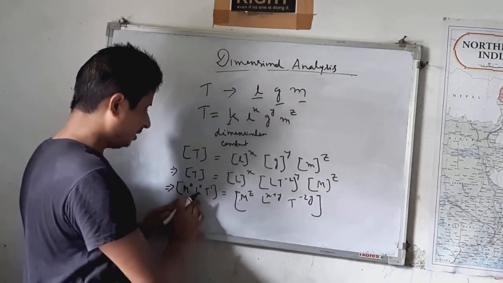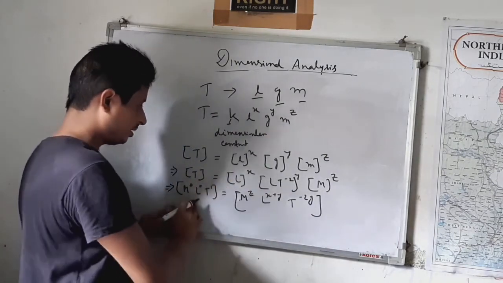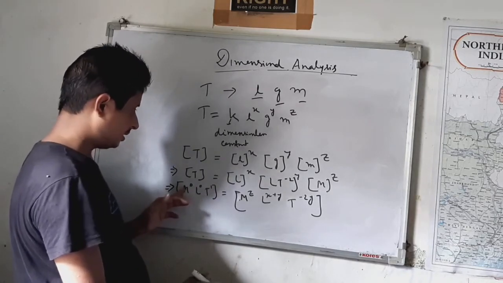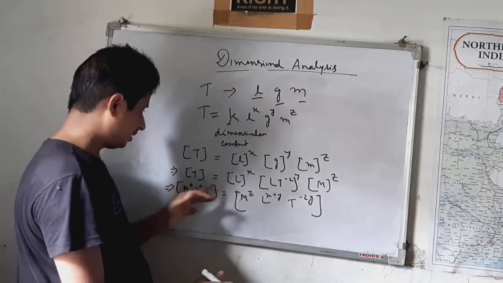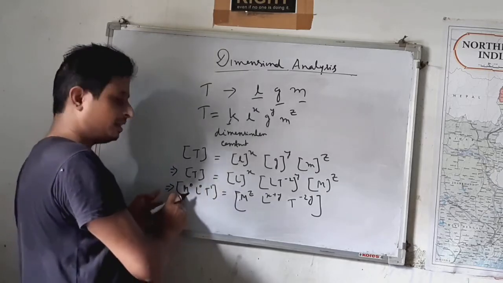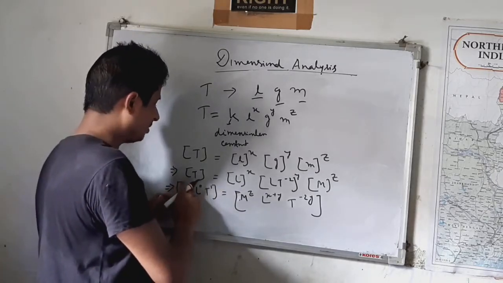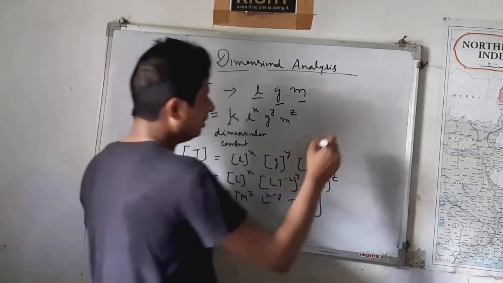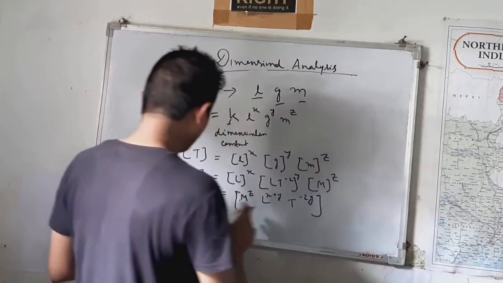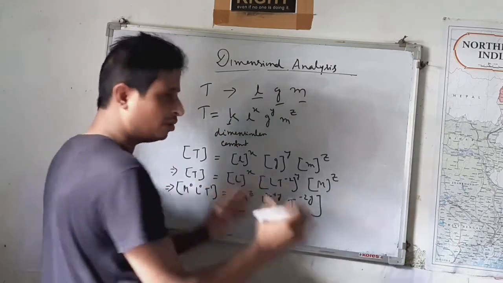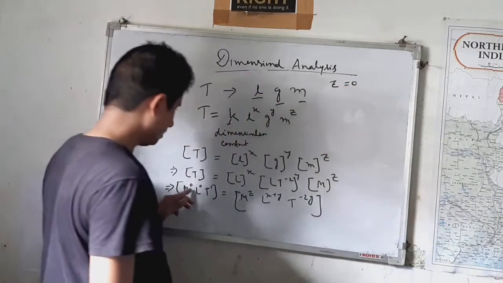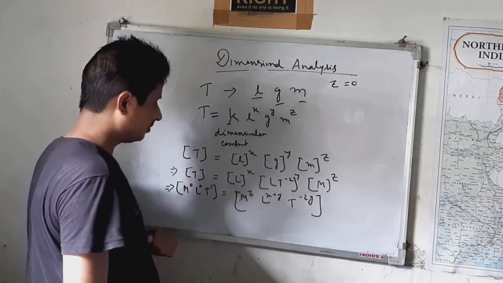If you equate the powers on both sides, then you will find that on the left hand side the power of m is 0. Here the power of m is z. So comparing the powers of both sides, we get z equal to 0.